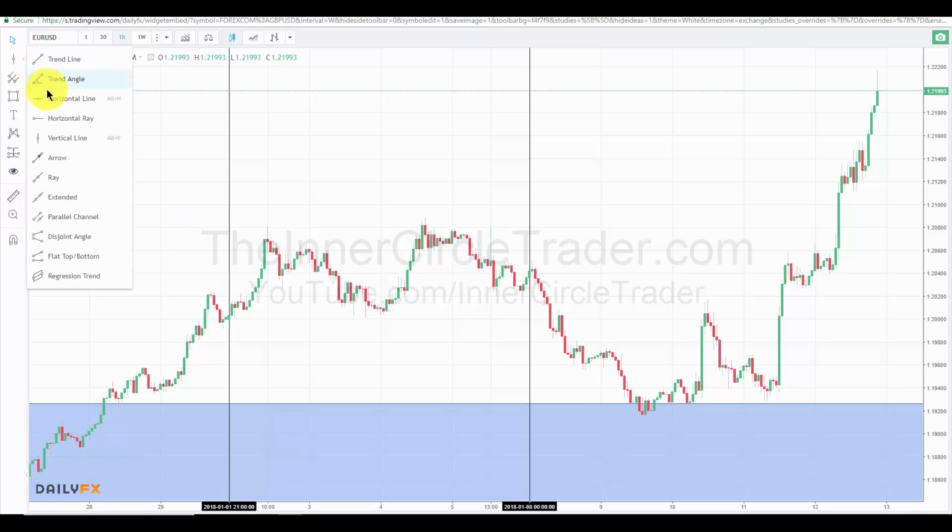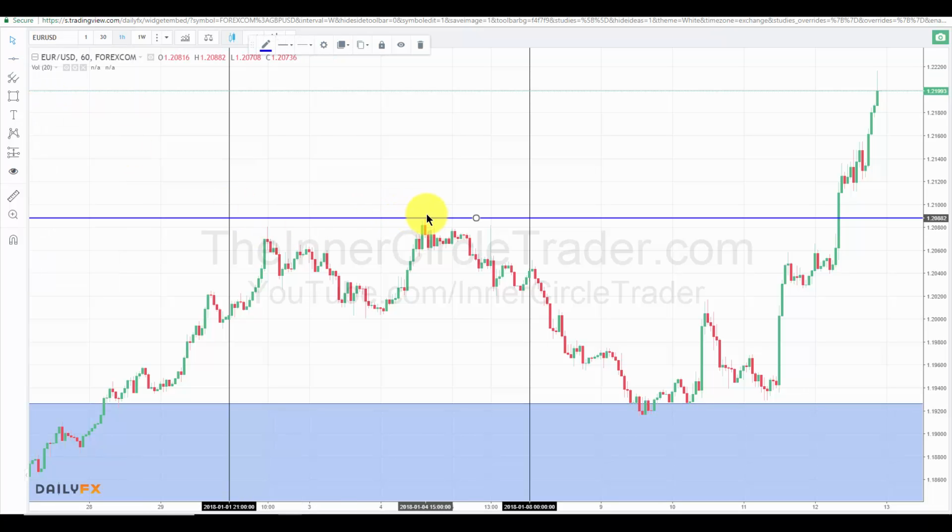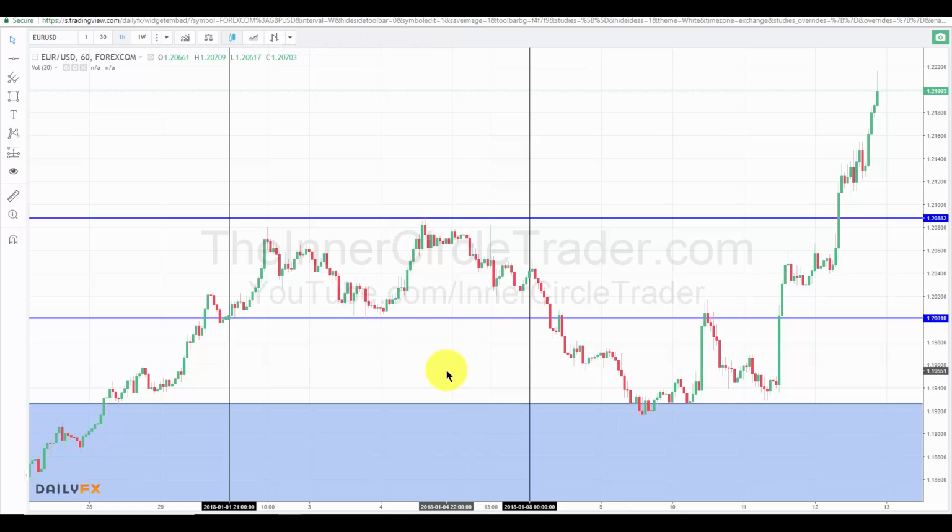And I'm just going to use horizontal lines now and just cut to the chase. Right here for our high and our low. Right there. Okay, so we have our initial low and high.